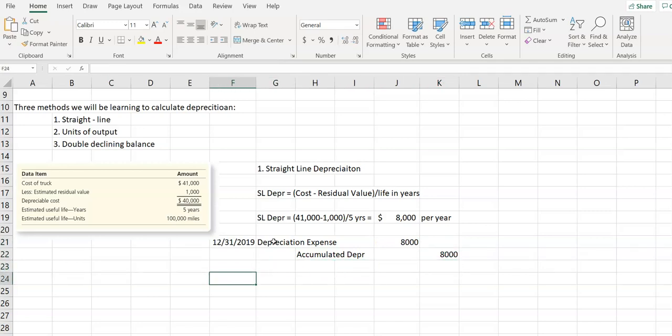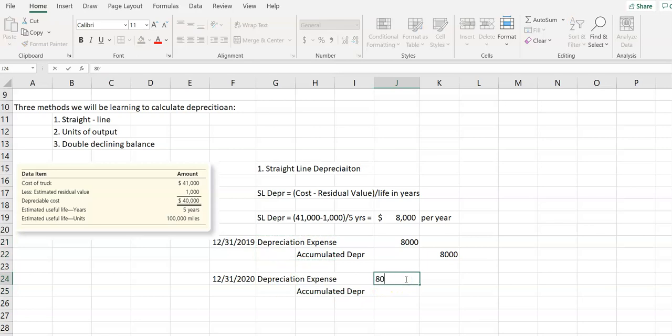Then you would do the same thing for 12/31/2020, and so on for 3 more years.